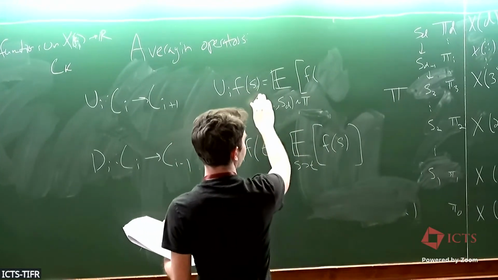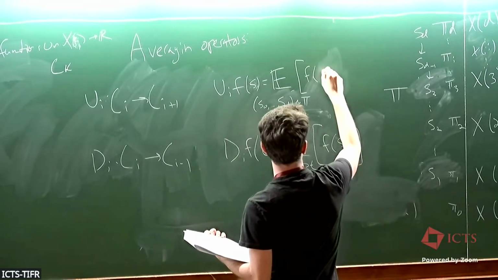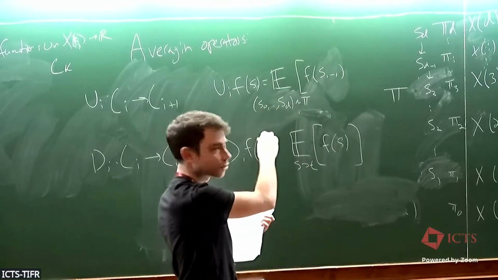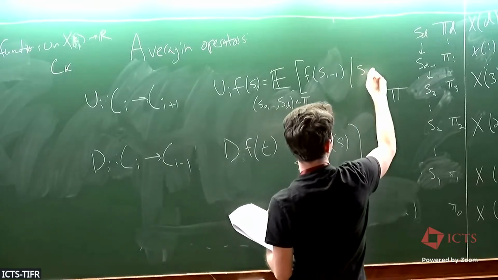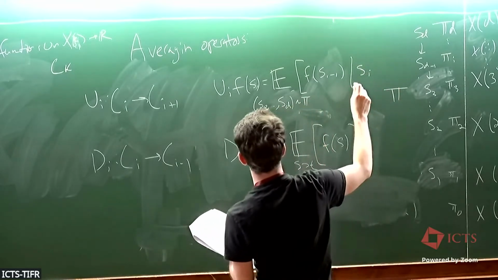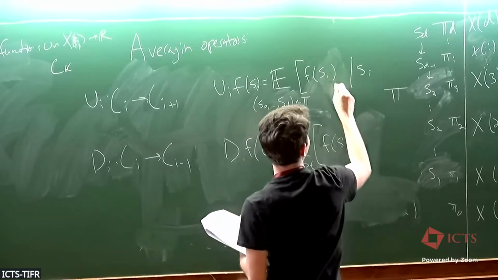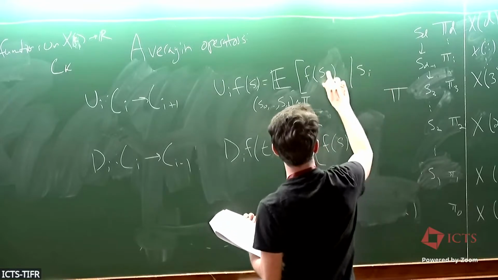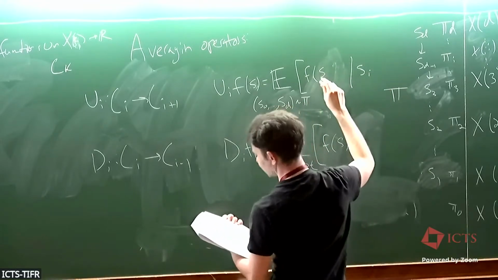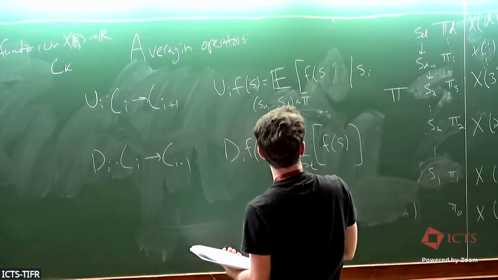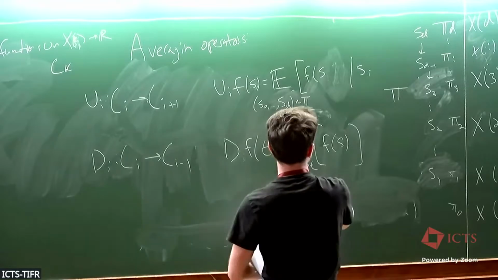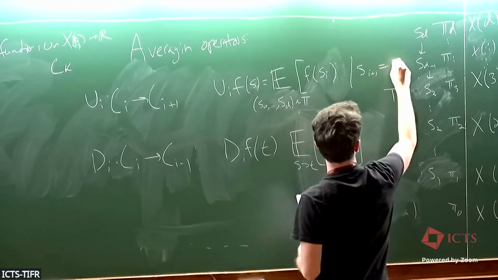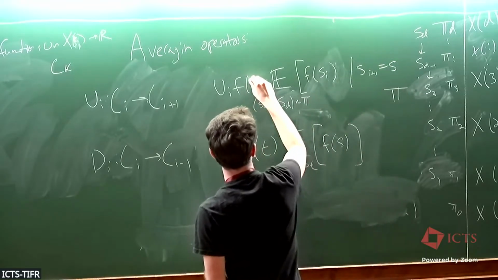And if I have U i f of s, then this is going to be f of S i minus 1, the i minus first one I sampled in this distribution, conditioned on the ith one I sampled. Did I go the wrong direction? This should be S i, and this should be, no, it was right. No, let's set i plus 1. Sorry. Yes, you're right, thank you. Maybe I should have used a different variable here, say like y or something.